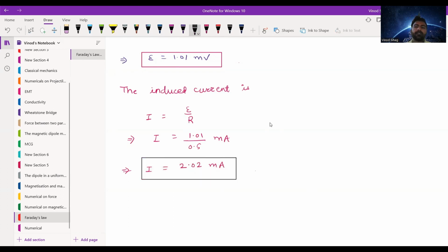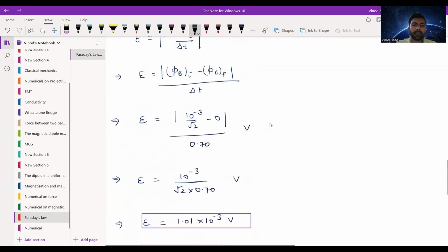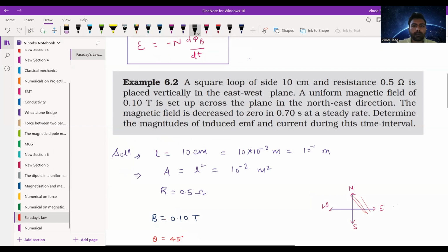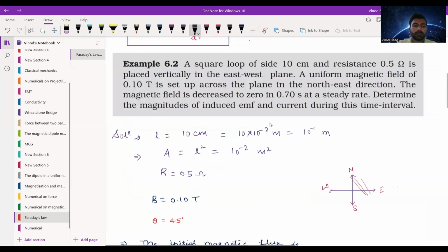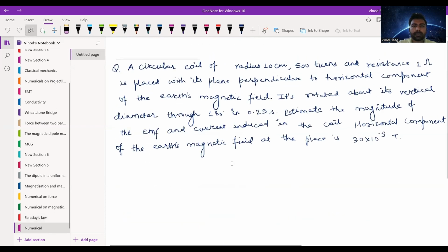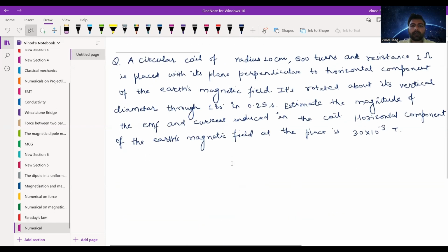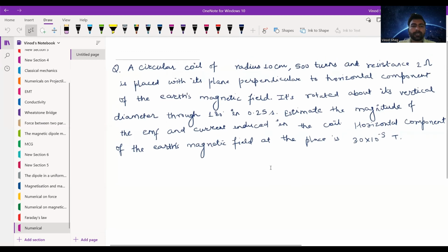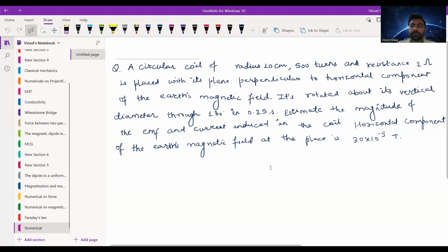Okay, so that's how we can solve the problems based on Faraday's law of electromagnetic induction. Now let's solve another question in which the number of turns is also included. The question is: a circular coil of radius 10 centimeter, 500 turns and resistance 2 ohm is placed with its plane perpendicular to the horizontal component of the Earth's magnetic field.